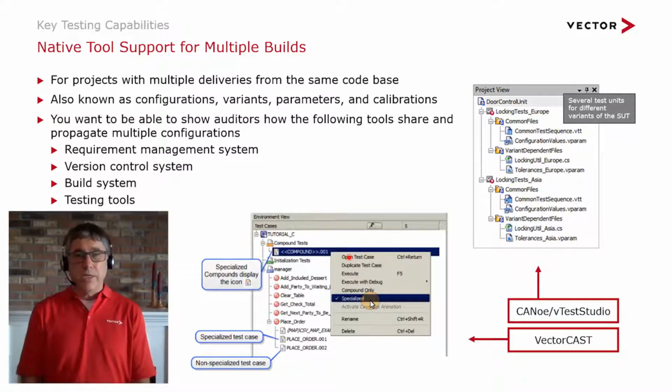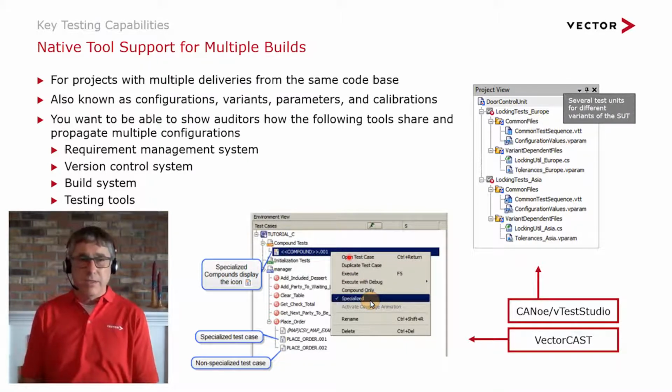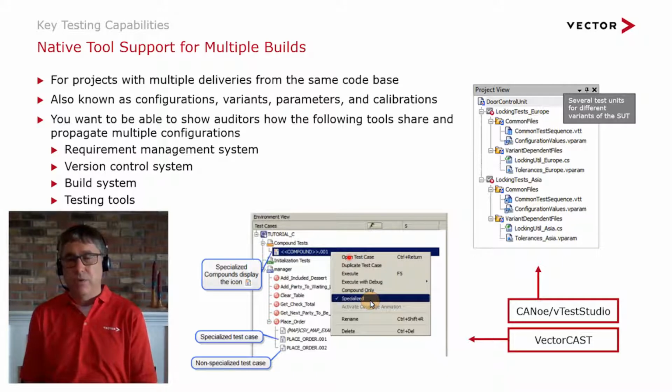So what I've shown on the slide here, on the right-hand side, or the top side, is just a little snippet of a dialog that's in our CANoe and VTest Studio tools, where you can see we support the ability to bring in multiple variants, and then you can pick between them as different systems under test.